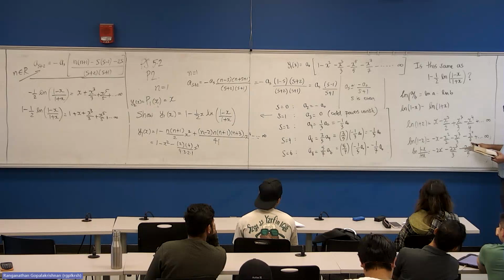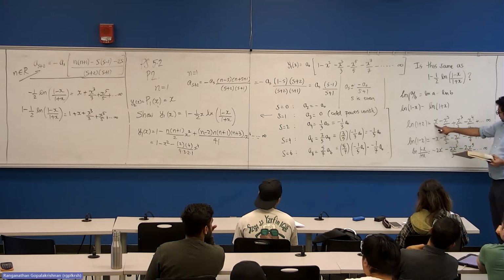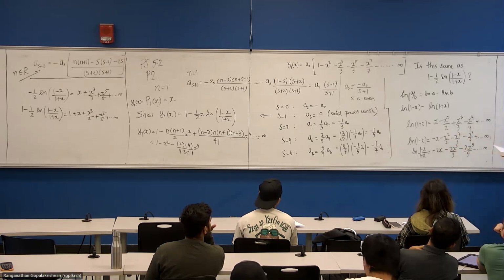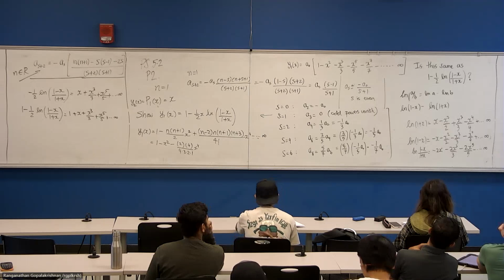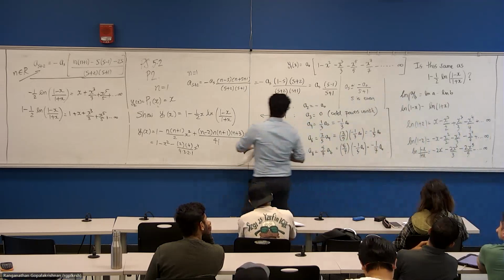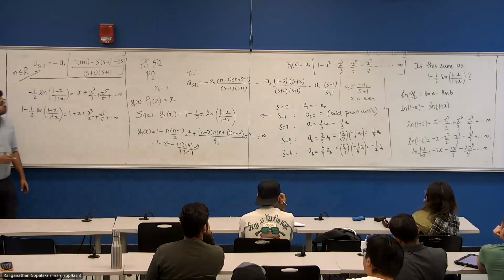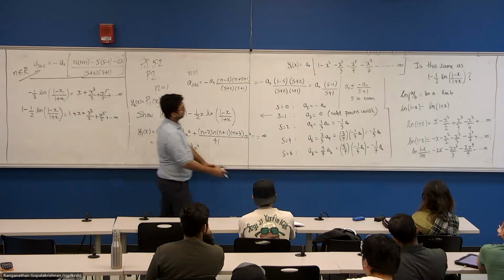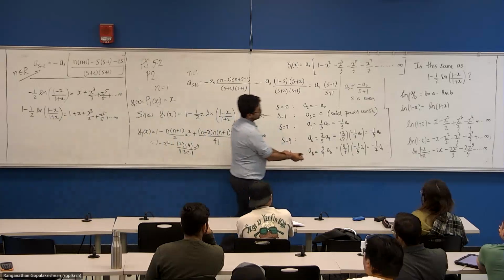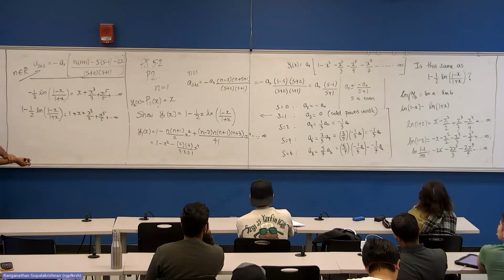Okay, this is correct. So log of 1 plus x would be, you need to replace wherever x appears with minus x. So this is also correct. Are we on track? Doesn't look like that to me.